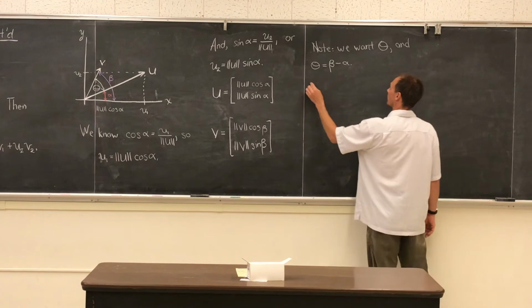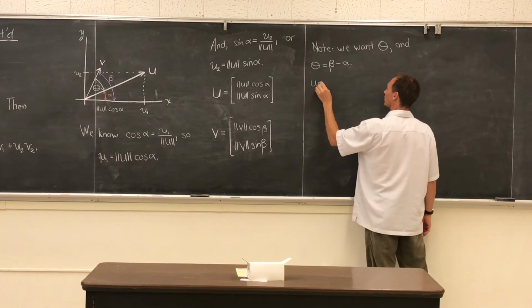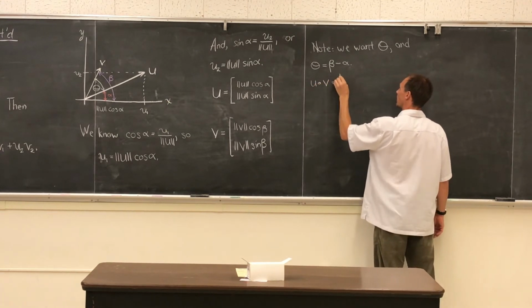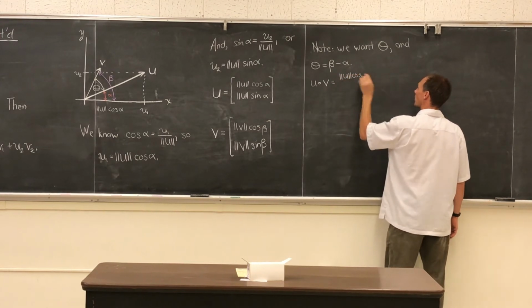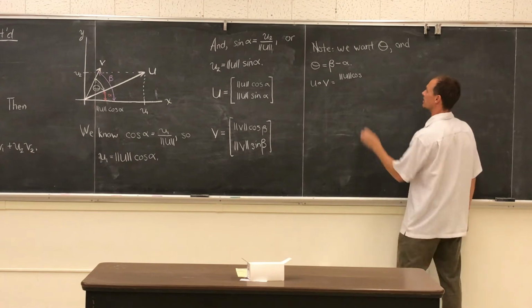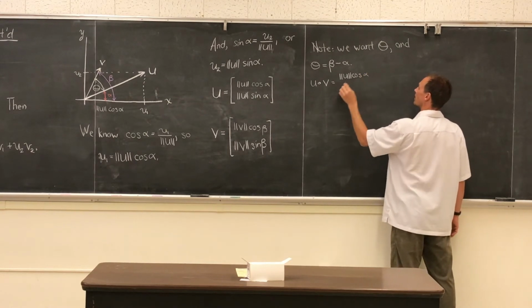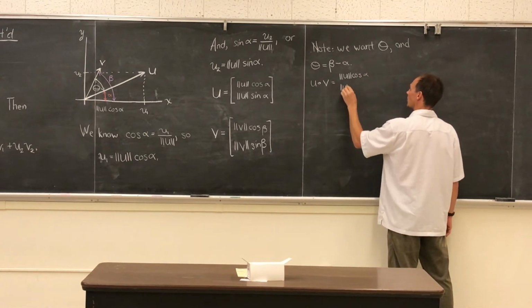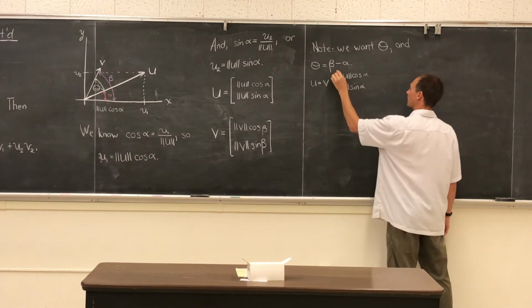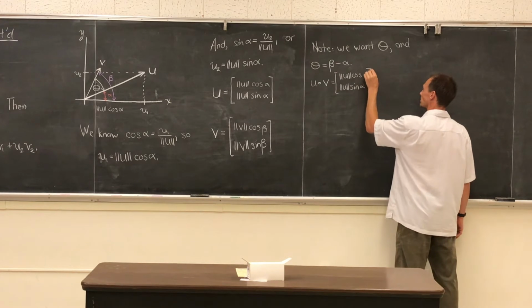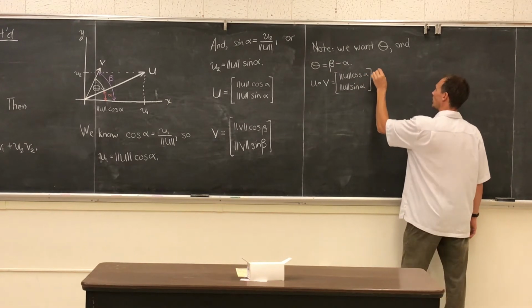So here we go. You're going to take the dot product of u and v. So this is the length of u cosine of alpha, length of u sine alpha, dotted with v.